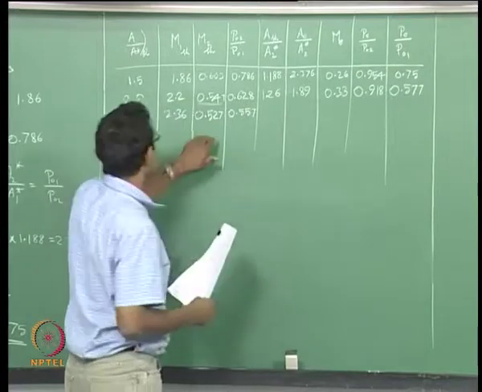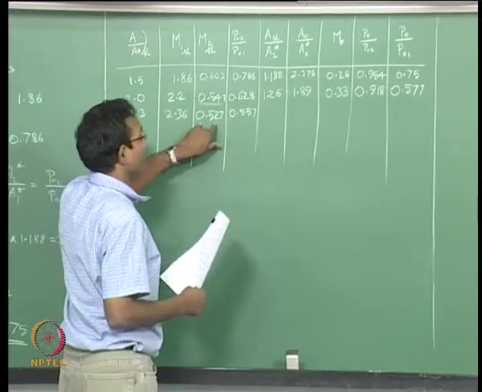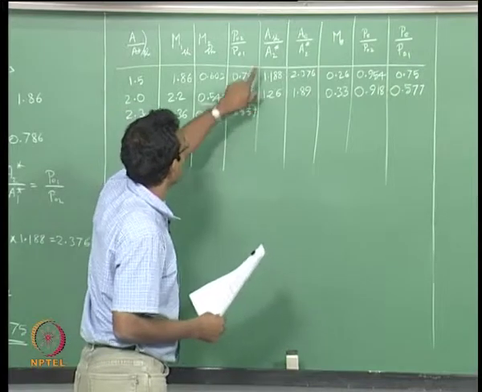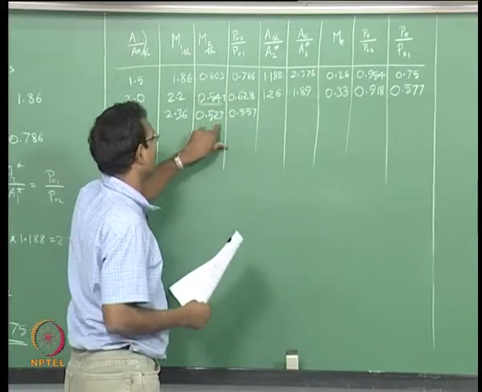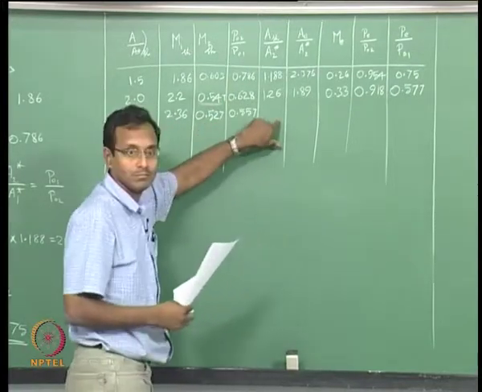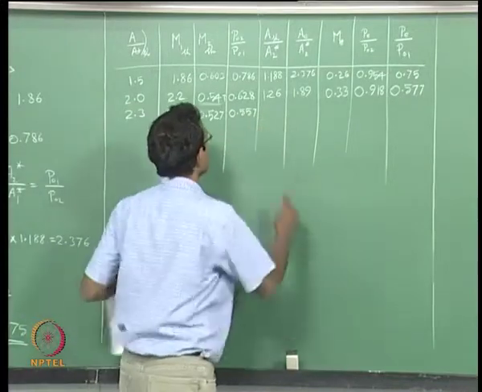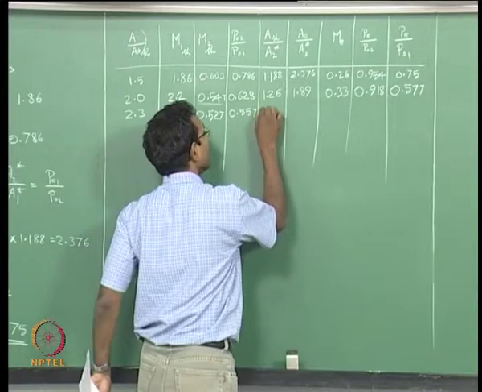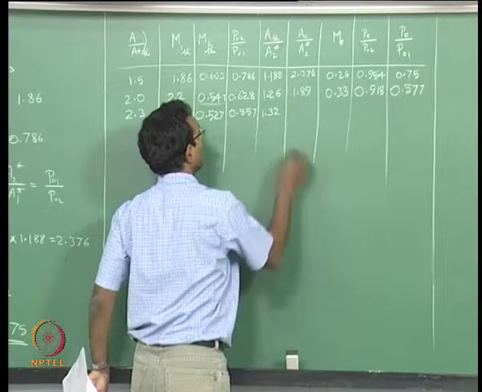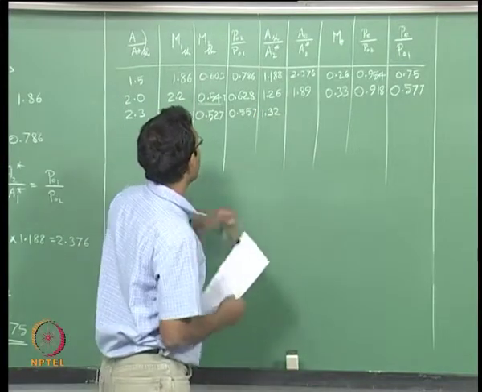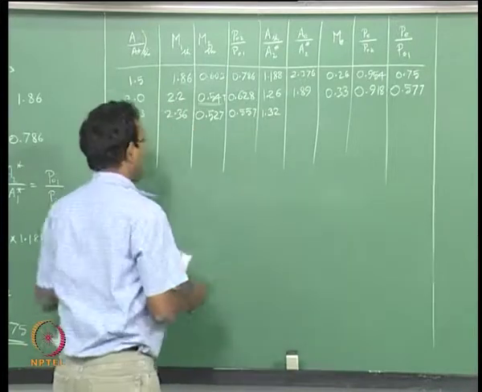Okay. With this Mach number in isentropic tables, now I want A by A star for 0.527. That is 1.32. Okay. Now I have 1.32.